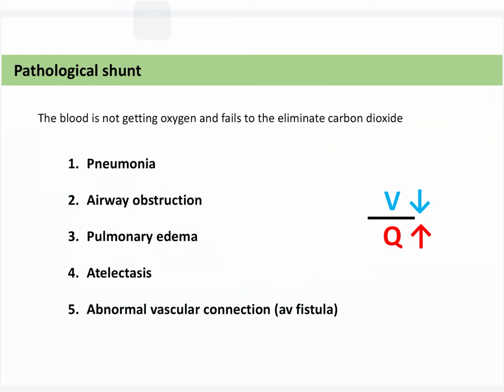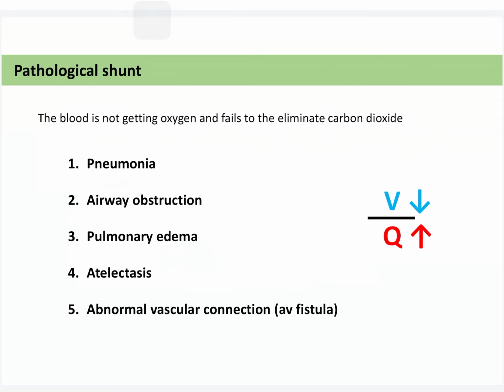Maybe it's caused by atelectasis or hyaline membrane disease, because the surface tension of the alveoli is too large, so the alveoli start to collapse. Once it collapses, can it get air? No, there's no ventilation there, but the blood is still flowing through.